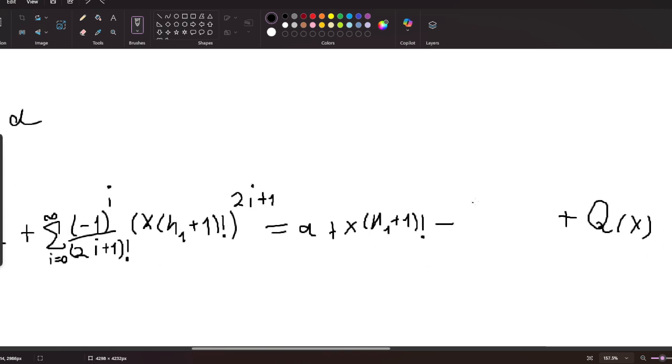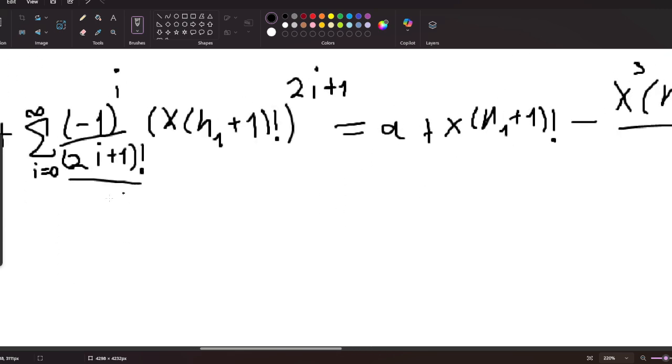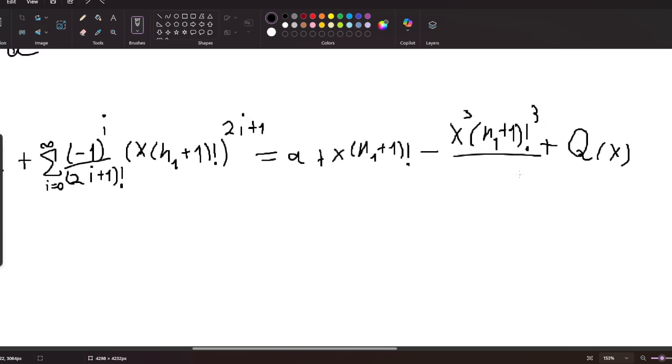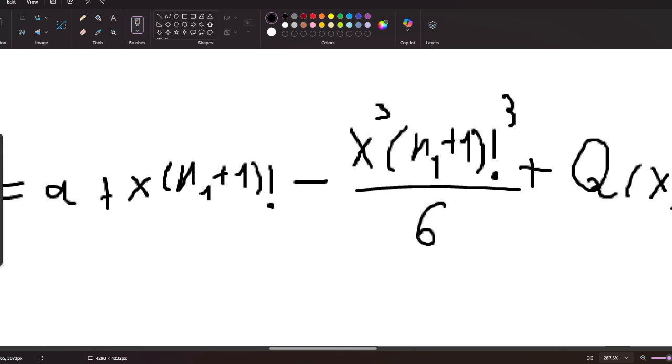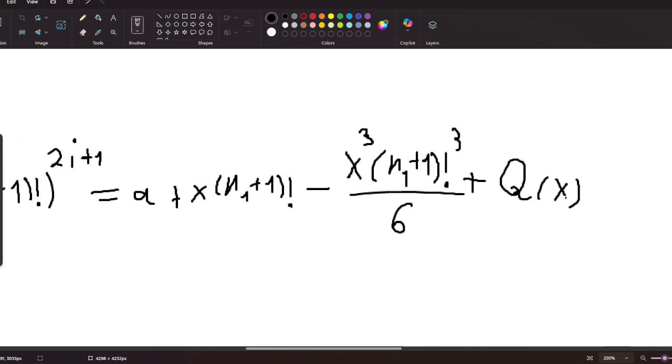It's going to be minus x to the third power times n1 plus 1 factorial to the third power over what we have here, 3 factorial, so that's going to be 6. Alright, and this is always going to be positive.